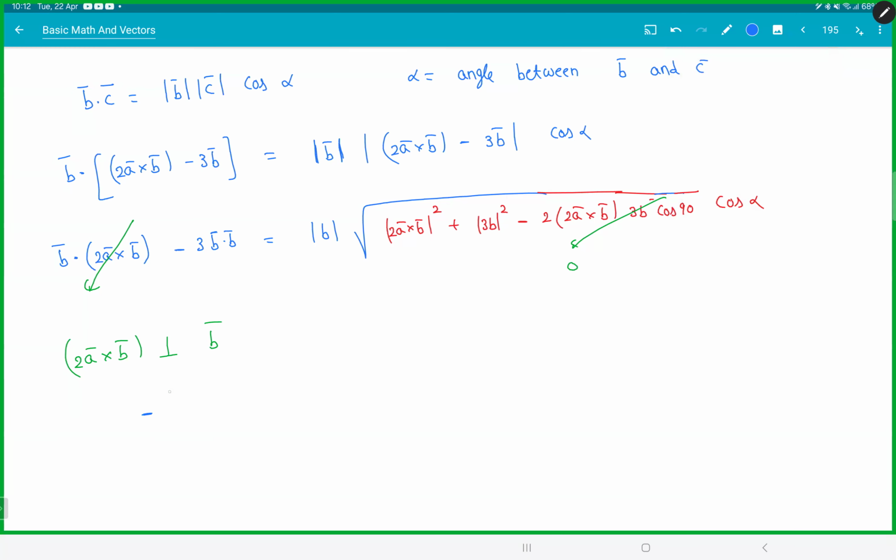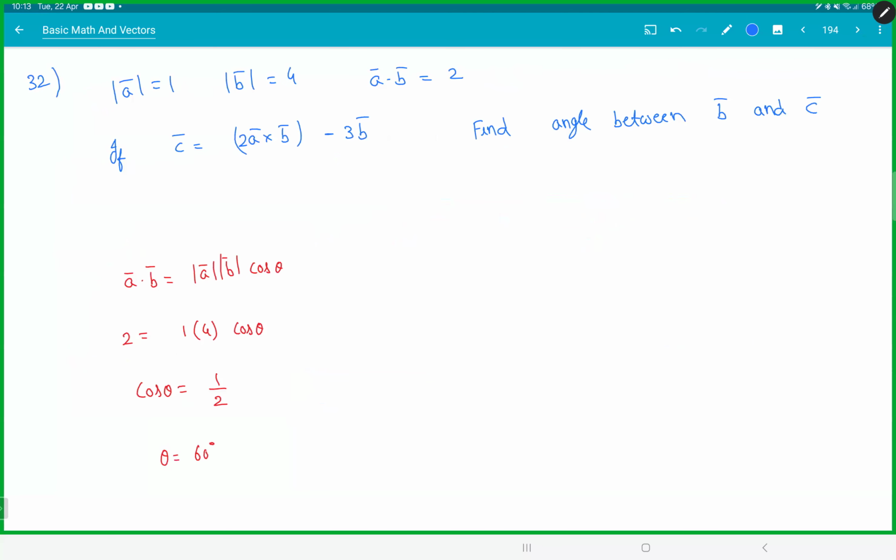Then you're done. So left hand side will have 3b square. This is b, and this will be root over 2a cross b cos square plus 9b square cos alpha. So 2a cross b is nothing but mod 2a mod b sine theta. A is given as 1 and b is given as 4.